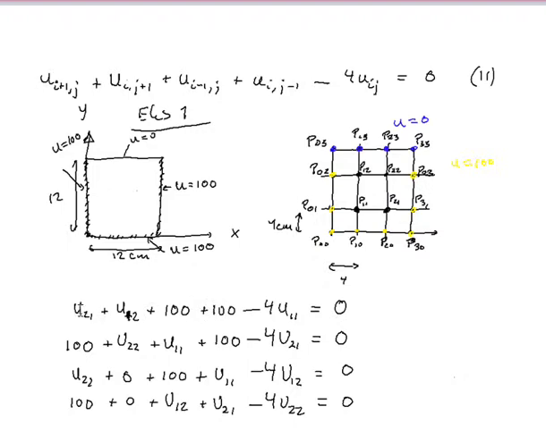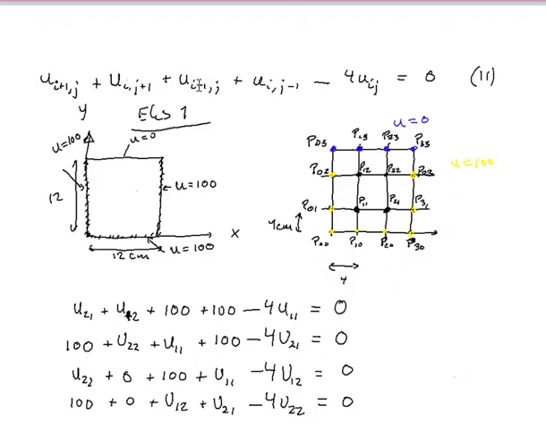You see, U21 is the same as this term, U12 is the same as this term, and U(i-1)j is the same as U01.